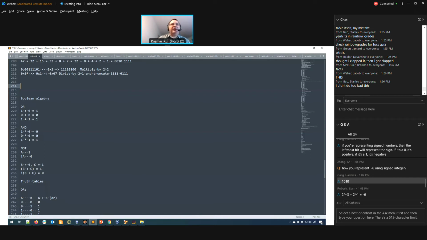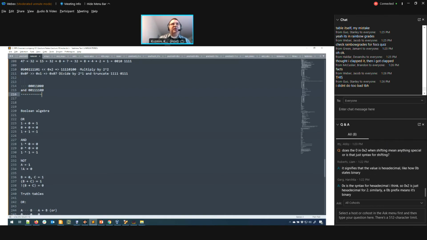So what is masking? Imagine you have a bit combination, which is 1 byte of this, and you do AND with what we call a mask. And let's put a mask like that. So what is the result?